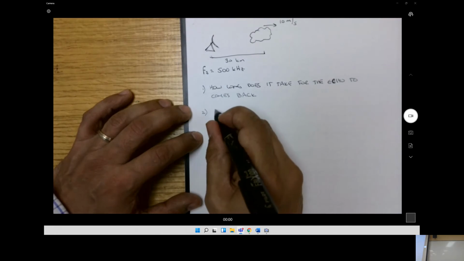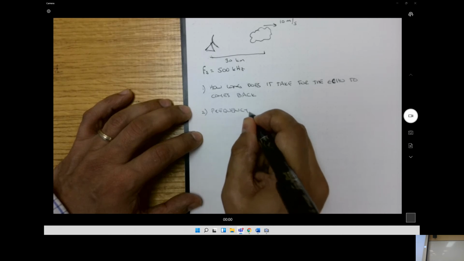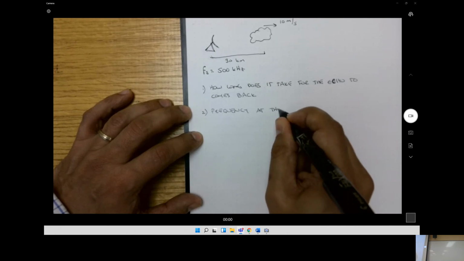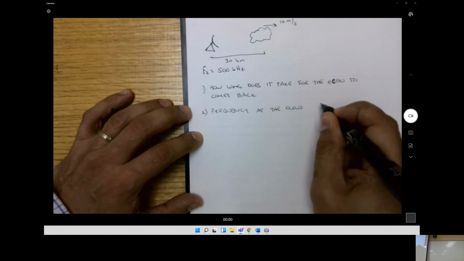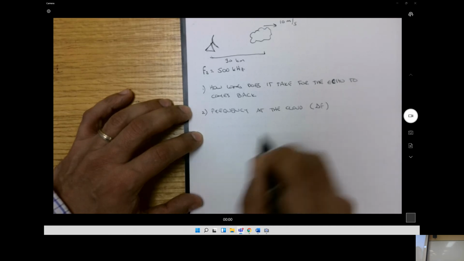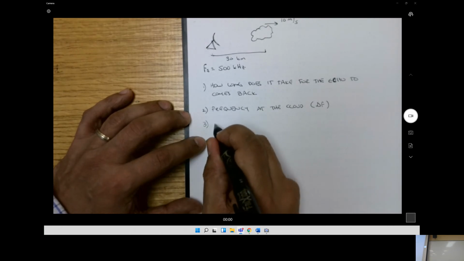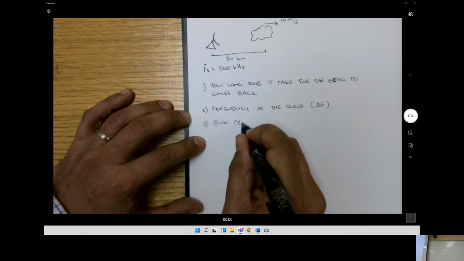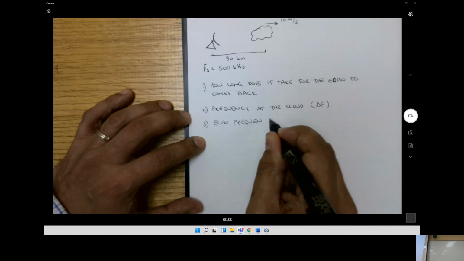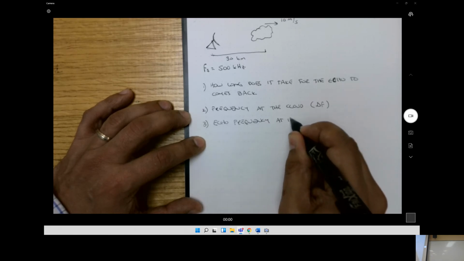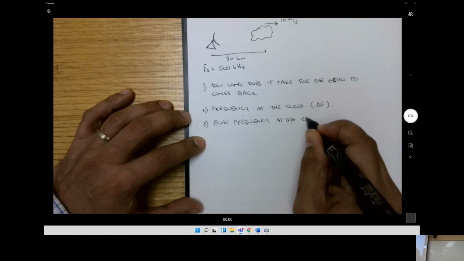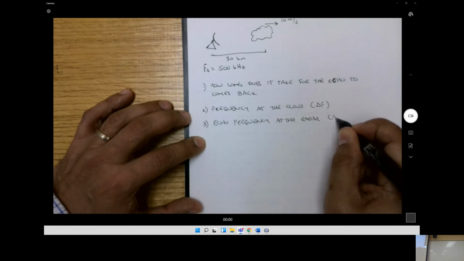And then I want to know the frequency at the cloud, and also calculate the delta, the shifted frequency, delta F. And 3, the echo frequency at the radar. And also I want to calculate delta F.